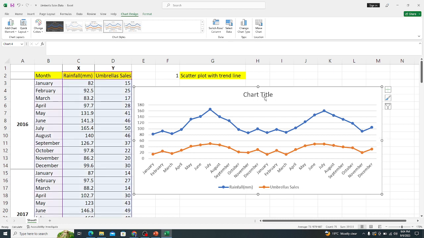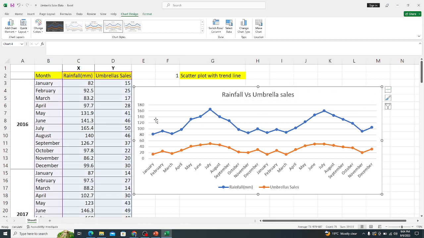We also have the title, but we are missing maybe the axis titles and the data points. So we can say here, rainfall versus umbrella sales, just to have a simple title.